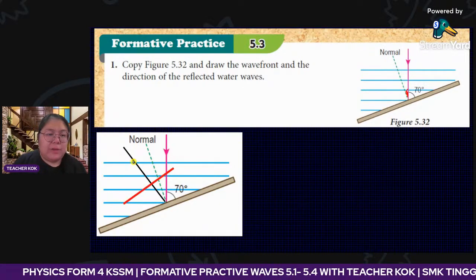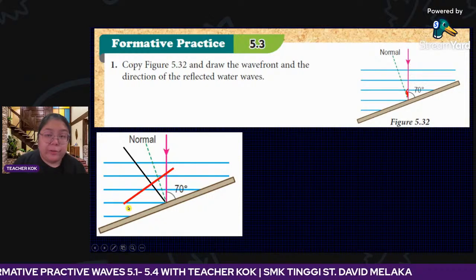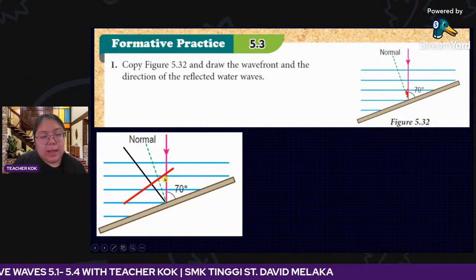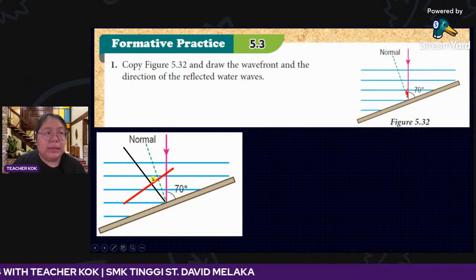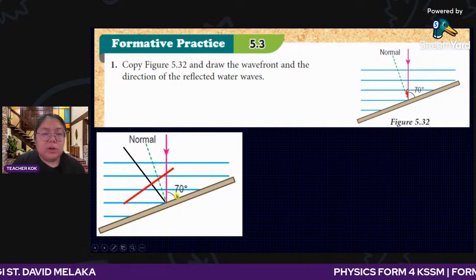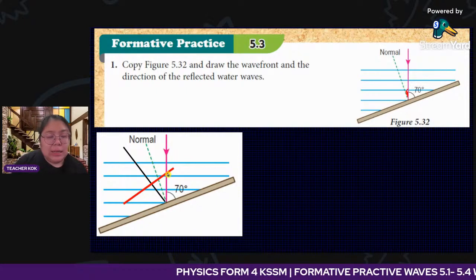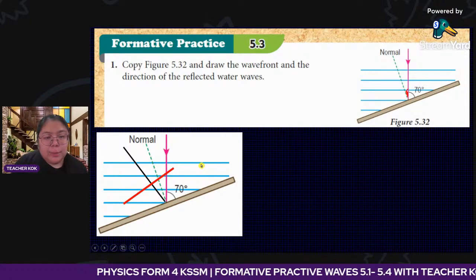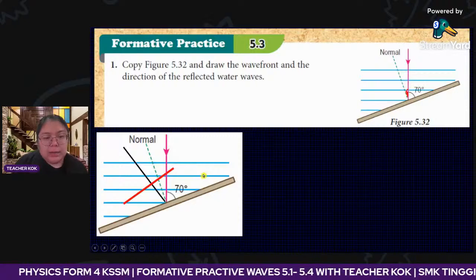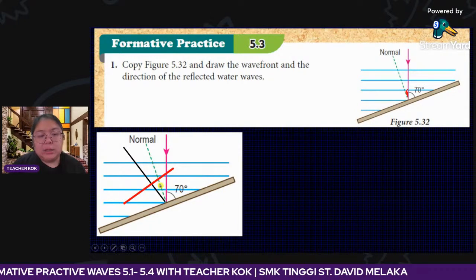Then after that, I draw my wave pattern. Make sure the wave pattern, the red color and the black color, must be at 90 degrees. Another thing you need to pay attention to is the wavelength. The blue color and another blue color, that is lambda, the wavelength.